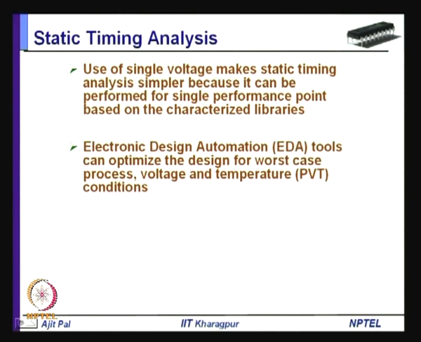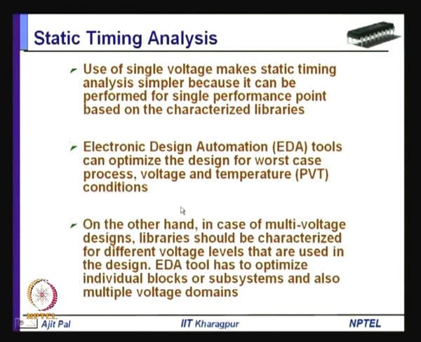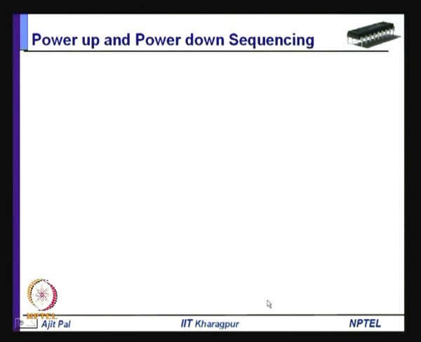Whenever you go for multiple voltages, it becomes a more problematic decision for EDA tools, because libraries should be characterized for the different voltage levels used in the design. The EDA tool has to optimize individual blocks or subsystems and also multiple voltage domains. So static timing analysis becomes significantly more difficult for multiple voltage circuits.